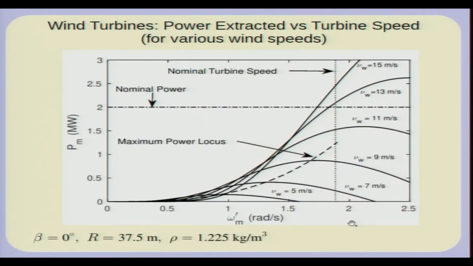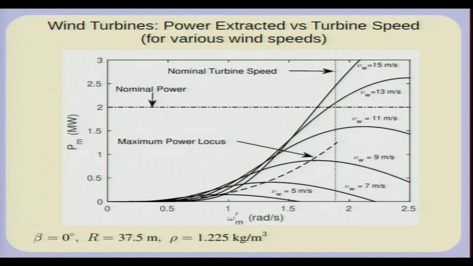The mechanical torque speed characteristics of the generator and the turbine have to be combined in order to get the operating speed. For example, if your generator is a synchronous generator and somehow we have very gracefully managed to connect it to the grid.